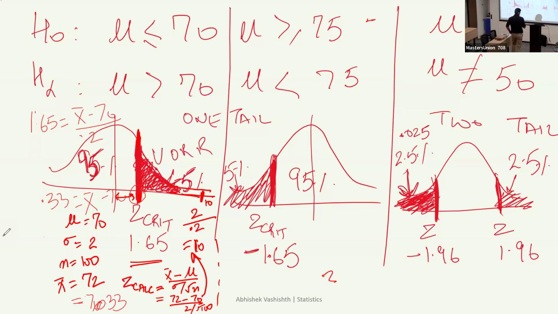Now, what do I mean here? Let's take this example only, the one that we are looking at. We were taking MU's example, and now we are changing this example to brake pads.